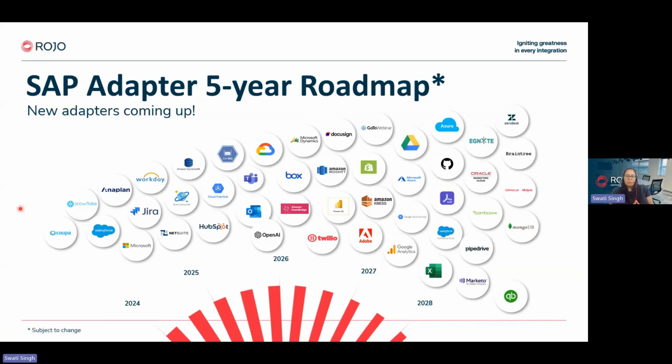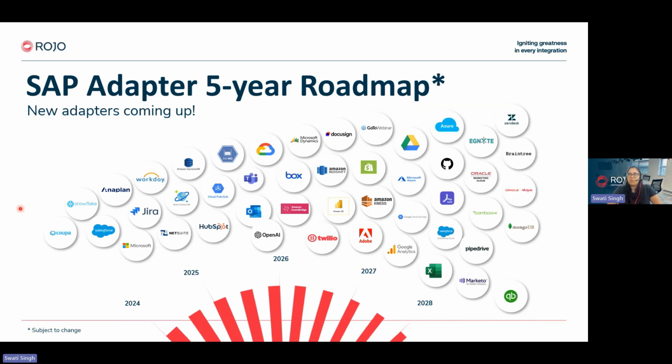If you look at the roadmap that SAP publishes for adapters, you would see quite a few adapters upcoming in the next four quarters and also beyond that. There is a complete five-year roadmap for over 50 adapters which would be launched. You would see things like Shopify and Google Drive. In that list, you also see quite a few adapters already launched through 2024 and 2025, namely HubSpot, NetSuite, or Jira.